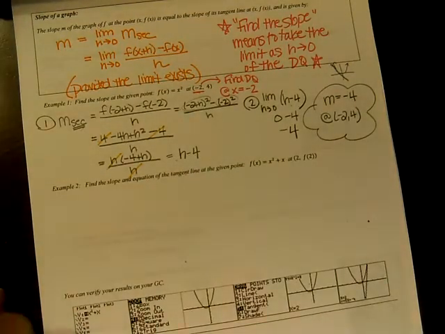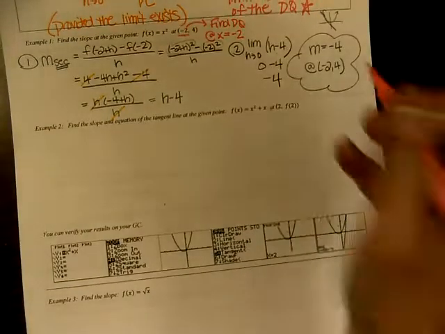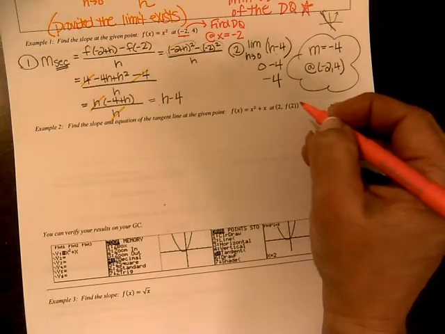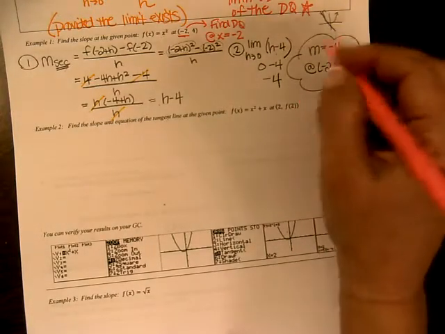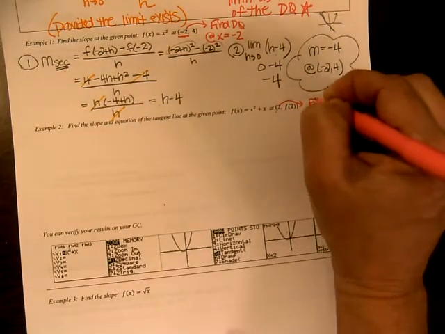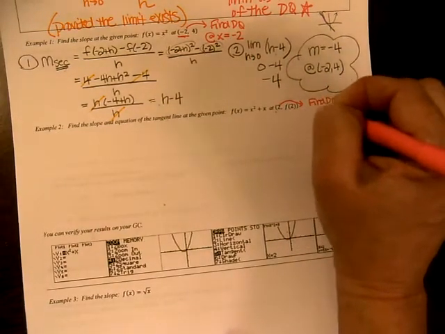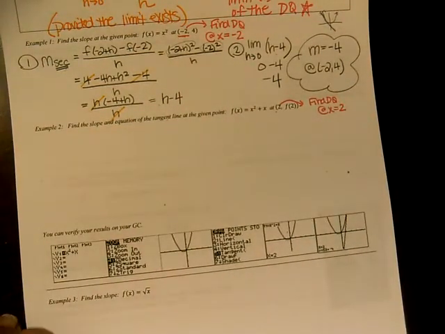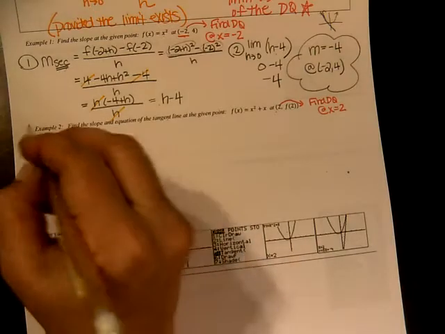So again, they give us a specific point. They want us to find, let me move this up, they want us to find the slope at 2, f of 2. And so this basically means here that I want to find the difference quotient, again, at x equals +2, since that was the x value that they gave you.